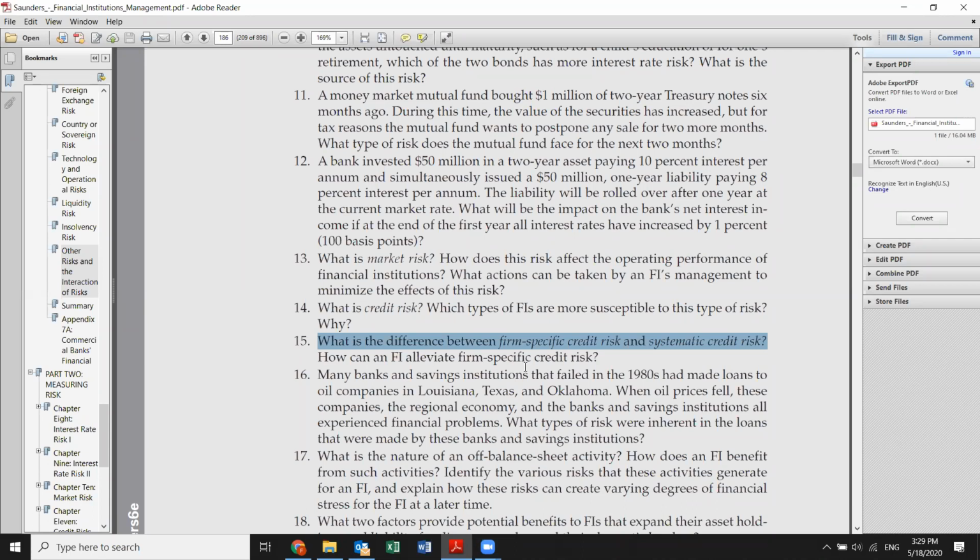So basically, firm-specific credit risk is the thing that you can control as a financial institution, because you're dealing individually with your own assets. But systematic credit risk comes as a market failure, which is not controllable by a financial institution.